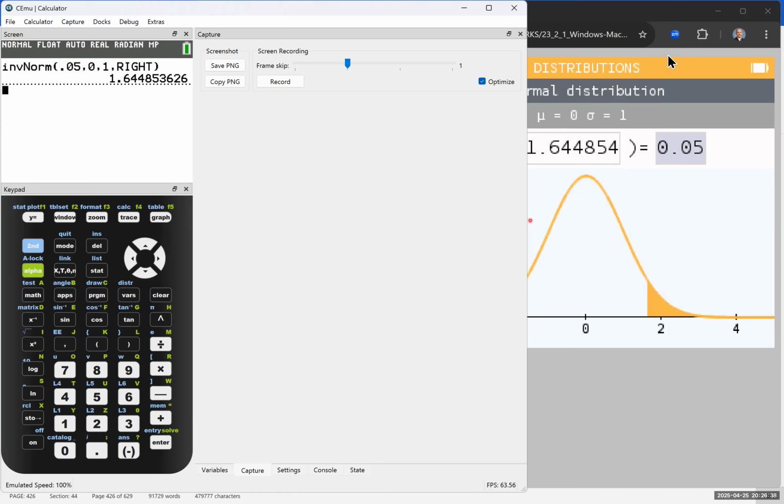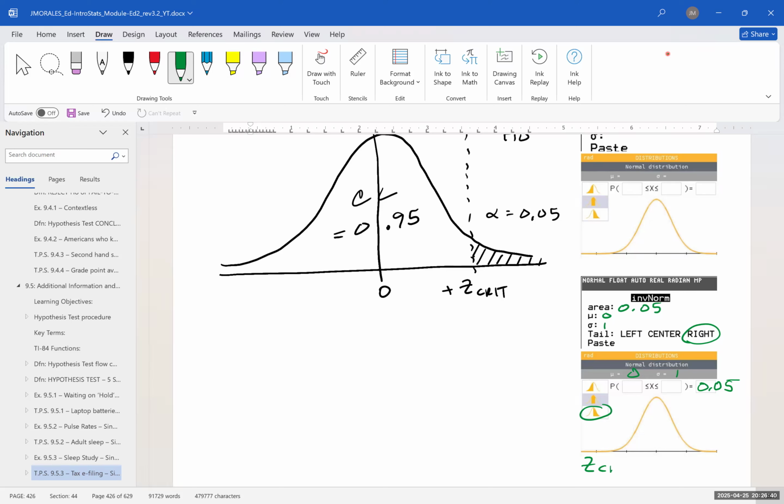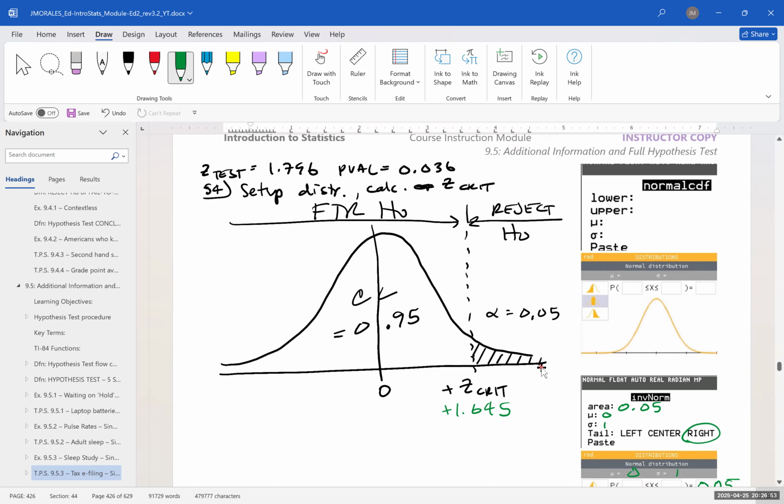Okay, so I get a z critical value of positive 1.645. So positive 1.645. Now let's see where that compares to our test statistic.